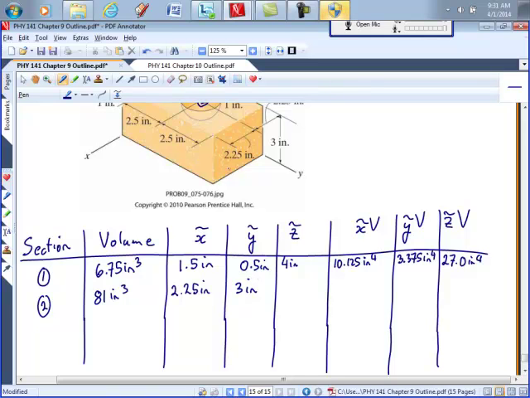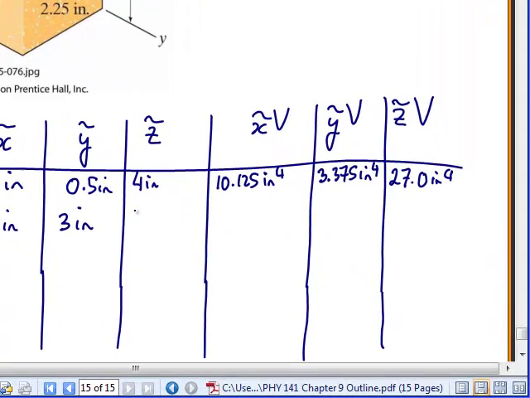And the z tilde is going to be half of the 3 inches. 182.25. 243. And this will be half of that, so 121.5.